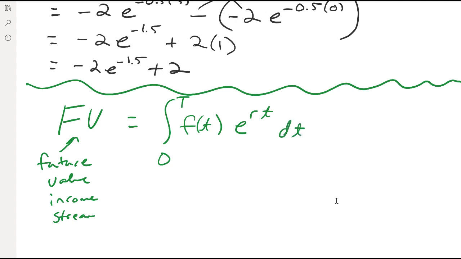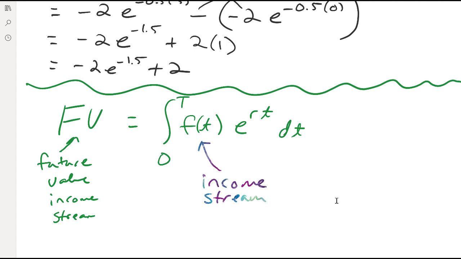Okay. And if you've had calculus before, you've seen a slightly different formula for this. I'm giving you the computational formula that's going to quickly get us to our answer. As you read other math books, you'll see a slightly different formula, but we're going to end up at the same place. So what are the values in this formula? f of t is your income stream. For us, our income stream is not going to be variable. It's not going to change.